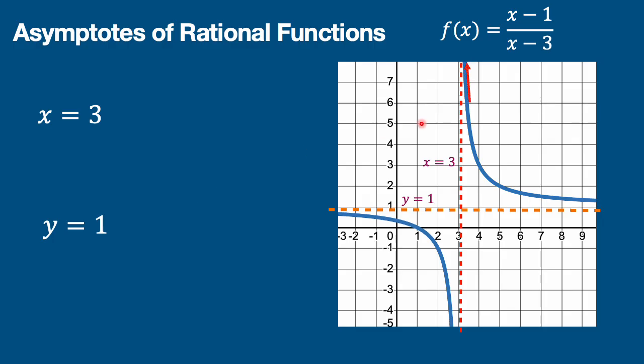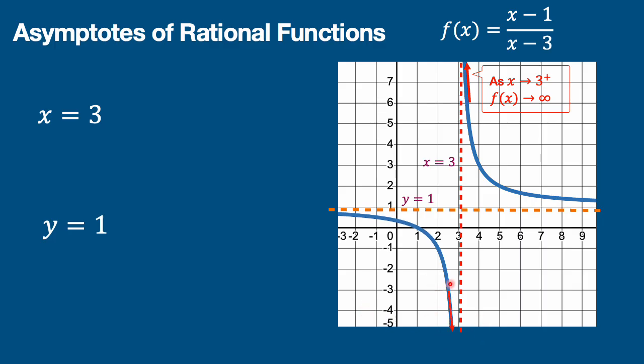So let's start here. What's the behavior around x equals 3? The graph is getting close. What do you write? As x approaches 3 from the positive side, f of x goes up. We call this a vertical asymptote. The other direction, same thing here, guys.